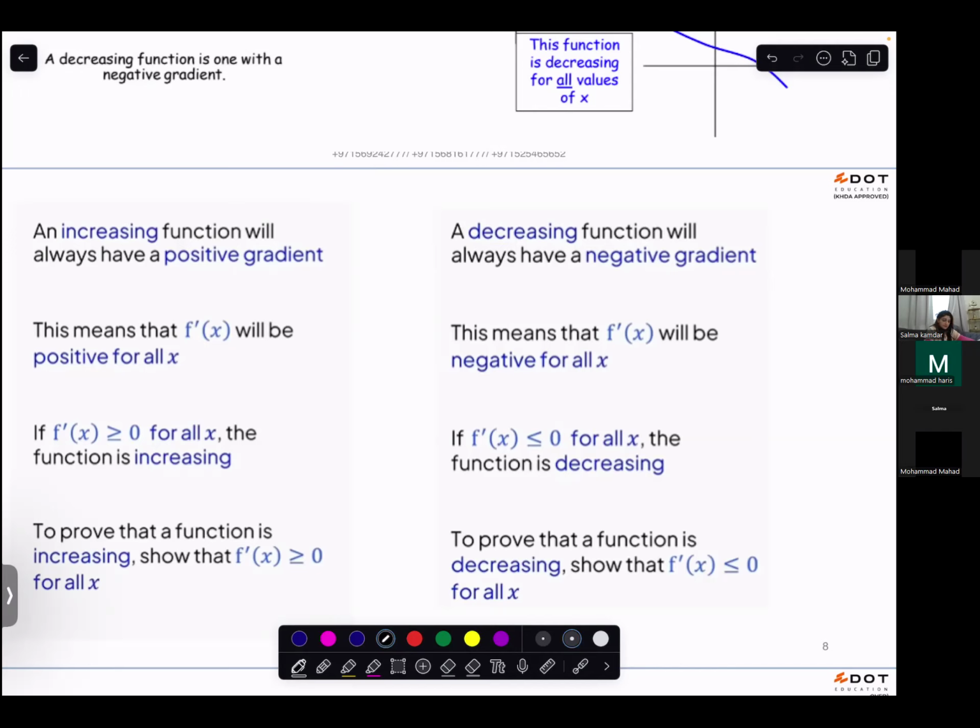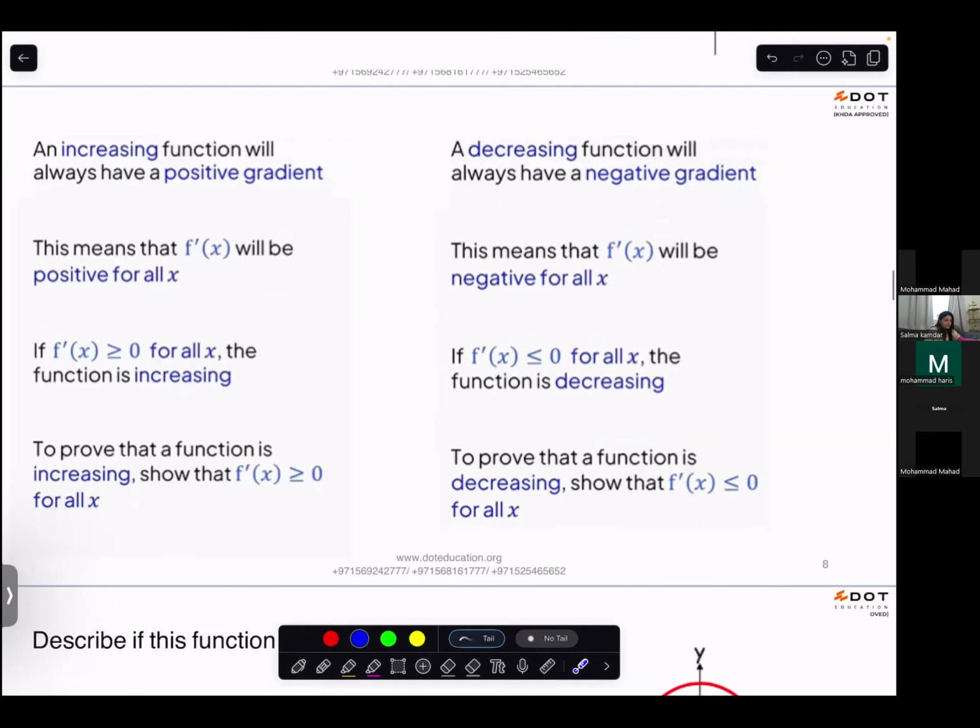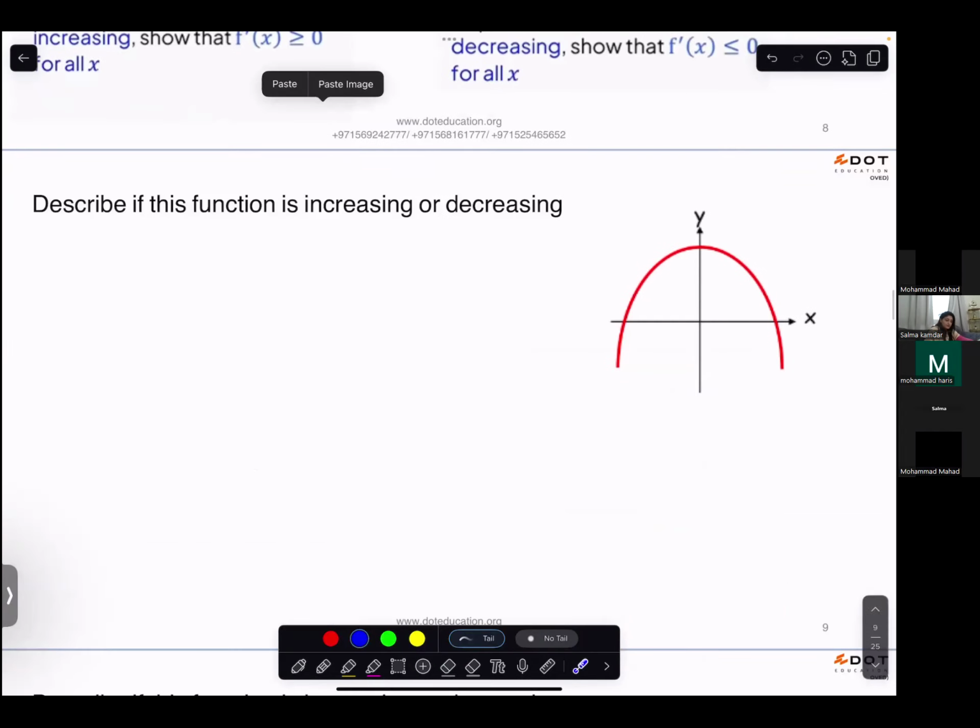If it is less than or equal to 0, it means your function is decreasing for all values of x. So if I'm asked to prove whether a function is increasing or decreasing, what will I do? You will check the f dash of x, so the derivative. If it's less than or equal to 0, then fine, it's a decreasing function.